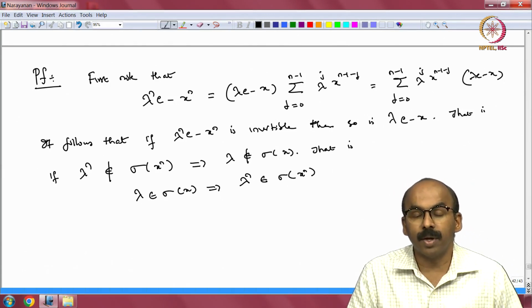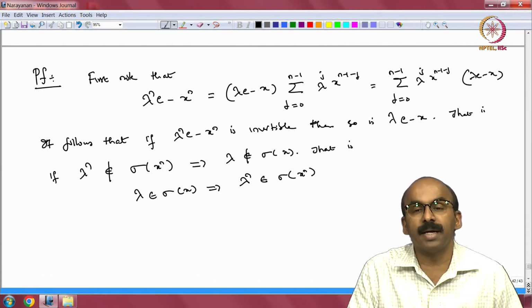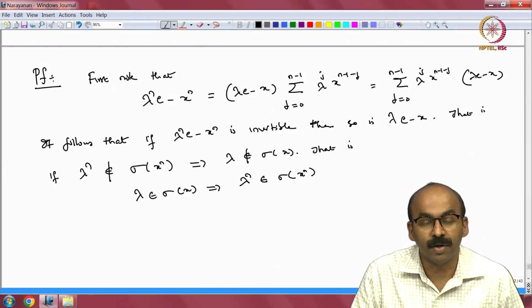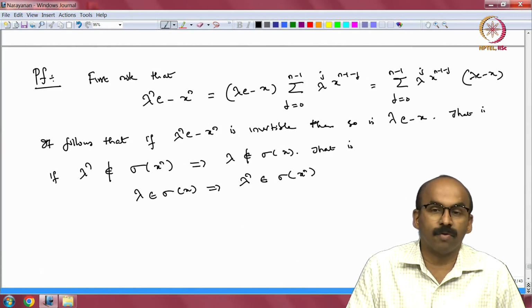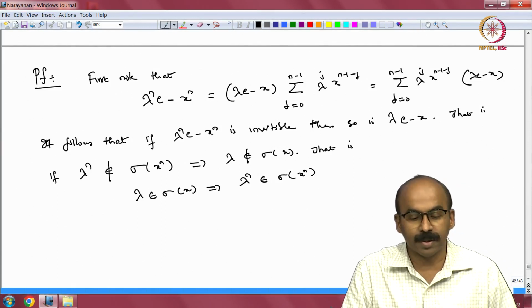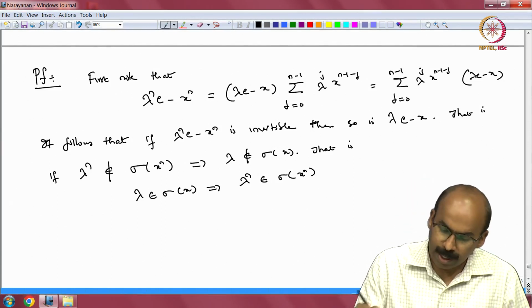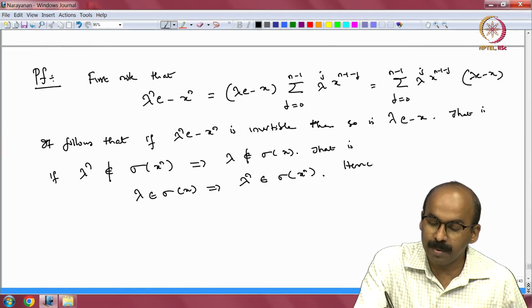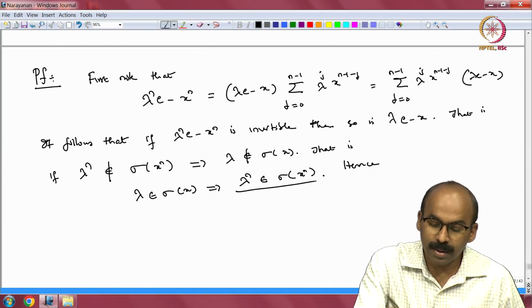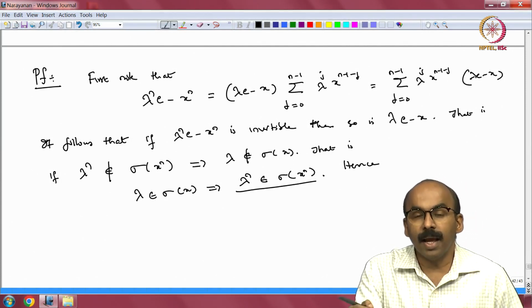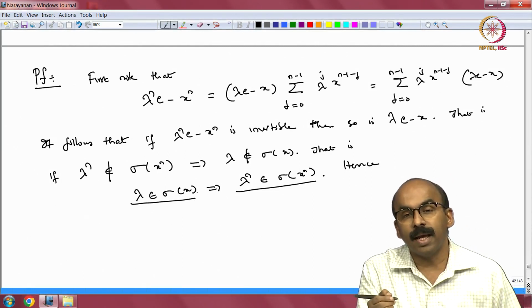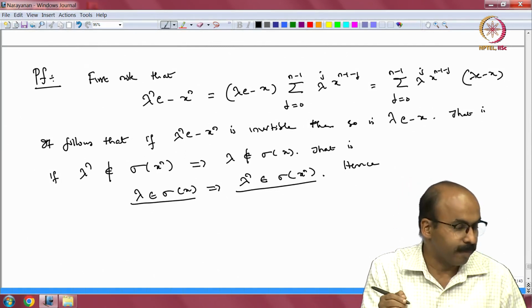This is something you know in some form or the other, right. If lambda is an eigenvalue of T, then lambda to the n is an eigenvalue of T to the n. In the case of operators you would have seen this, a part of the spectral mapping theorem or whatever. Okay. So, let us continue. What does this tell me? Hence, if I start with lambda in the spectrum of x, lambda to the n is in the spectrum of x to the n, right.